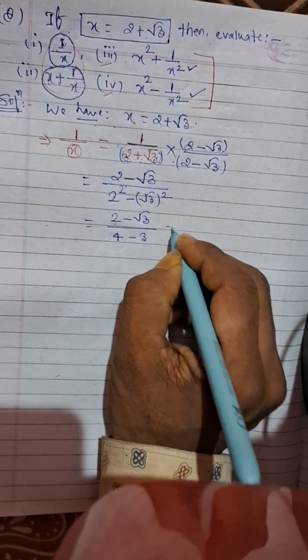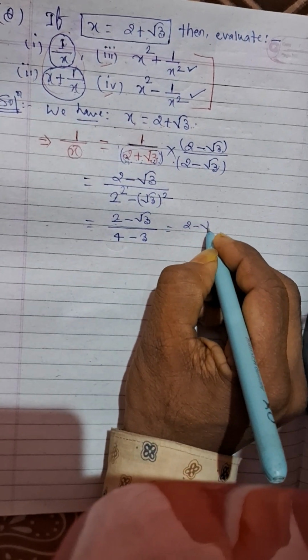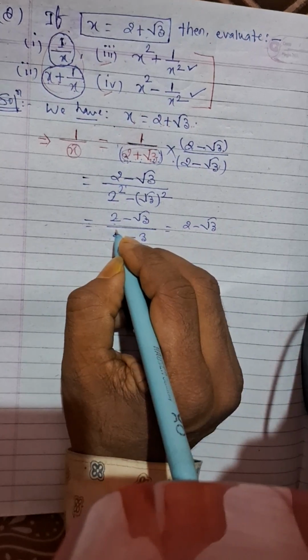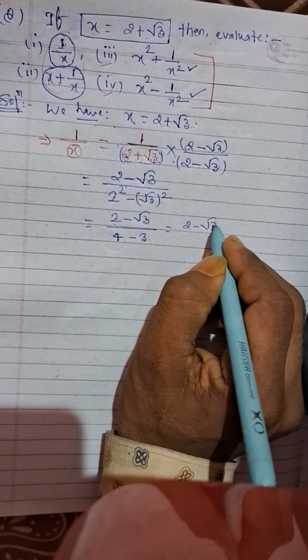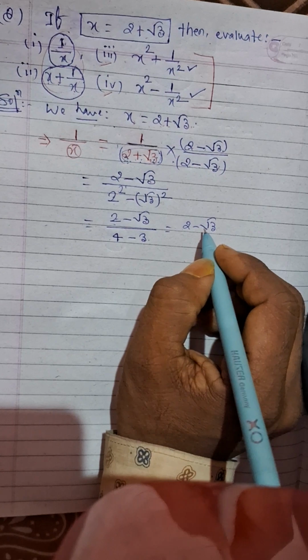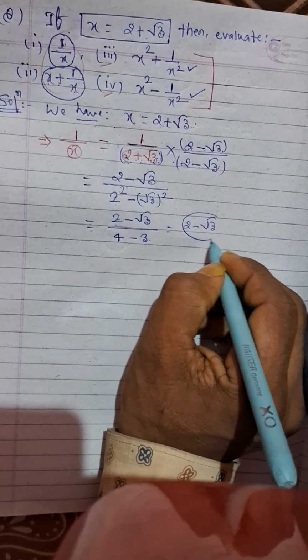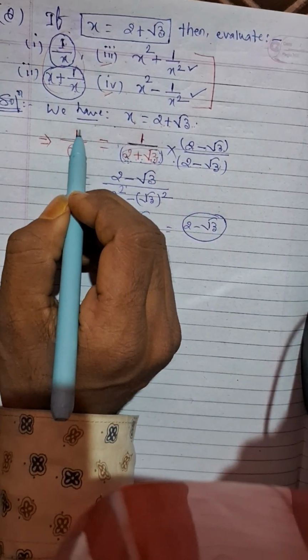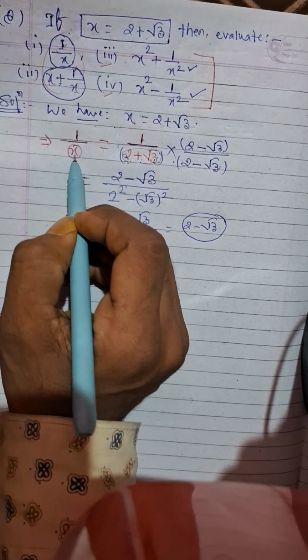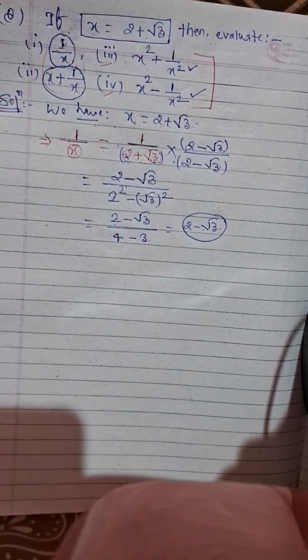That is 3. So the numerator is 2 minus root 3 and the denominator is 4 minus 3, which is equal to 1. So we need not write it over here. So the value of 1 over x is 2 minus root 3.